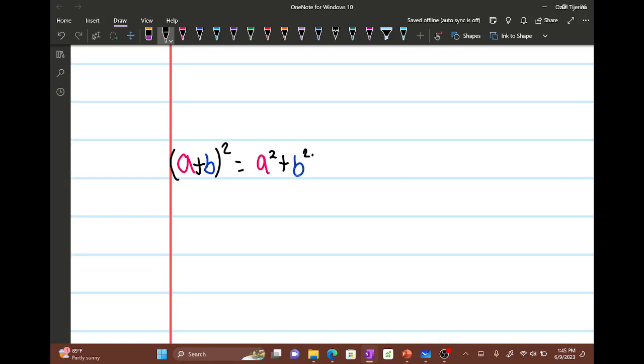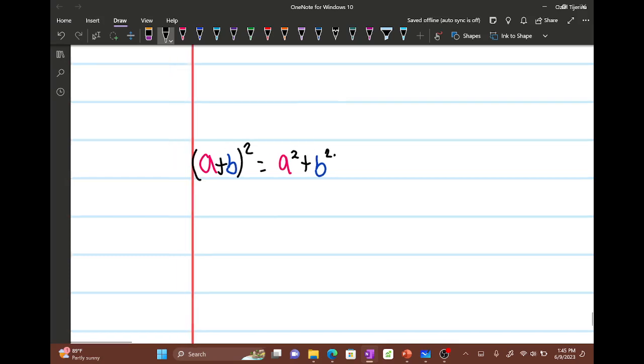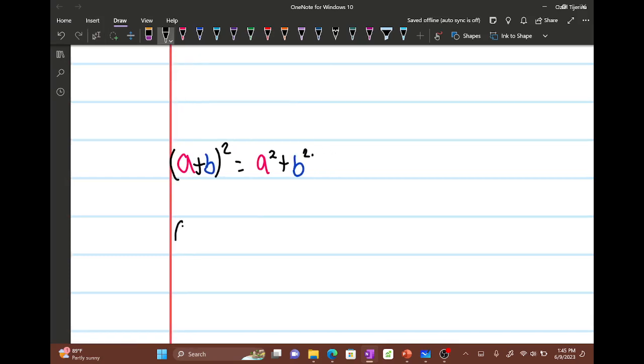So basically, if I, for example, say, let's do (2 plus 3) quantity squared, and then if I literally plug it in like this, I'm going to say this is 2 squared plus 3 squared, right? And we'll actually see if that's true or not.